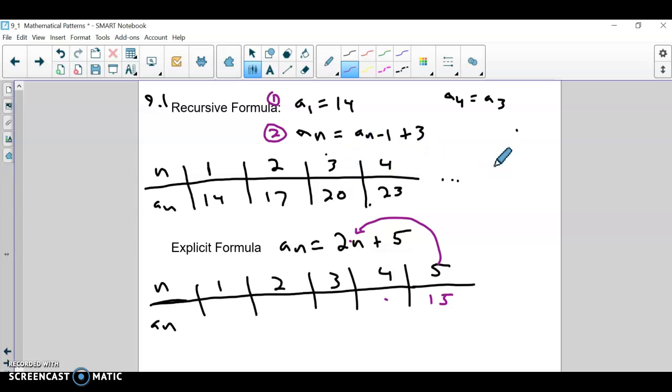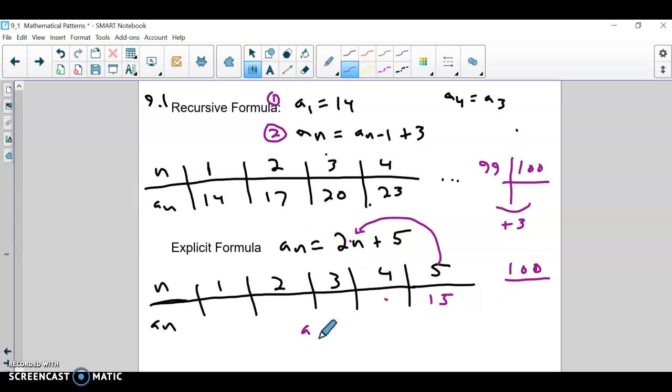If I go back to my recursive example and say I want to know the 100th term, then I have to know all the ones before it. I have to know the 99th. Whatever the 99th is, I could just add 3 to that, but I need to know the 99th to get the 100th. Again, that's not true in the explicit formula. If I want to find the 100th term, just plug in 100 here.